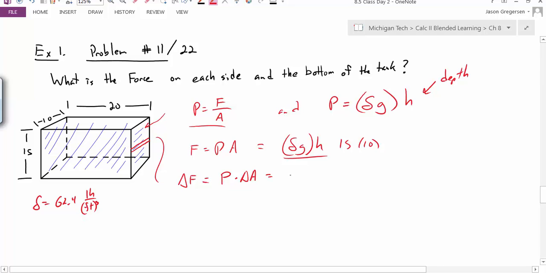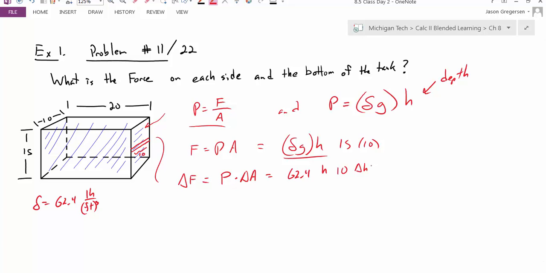So in this case, I would have 62.4 times H times my delta A. Delta A in this case would have a width of 10 and a thickness of delta H. And that should be the force in this slice.